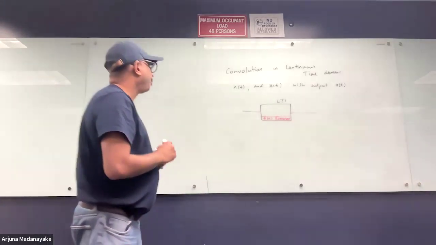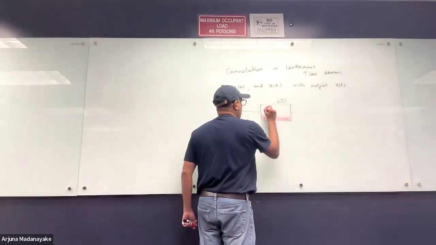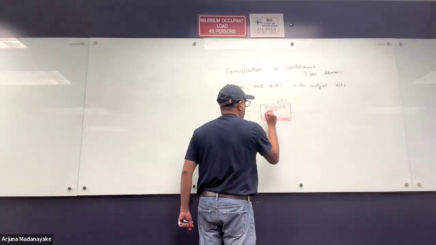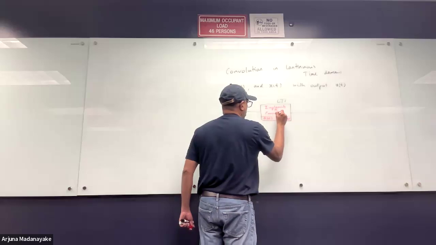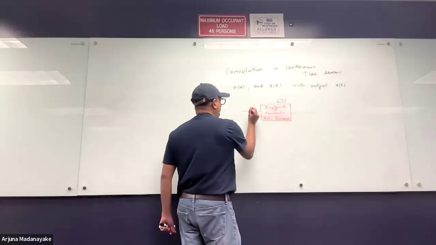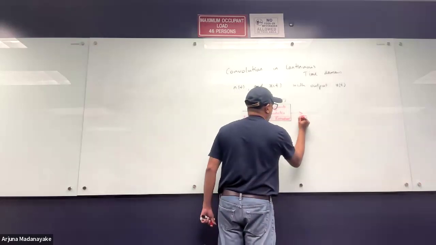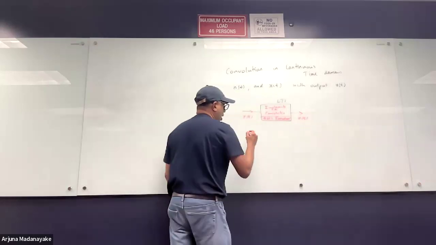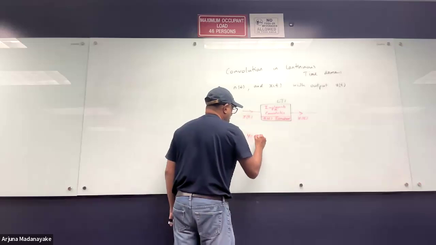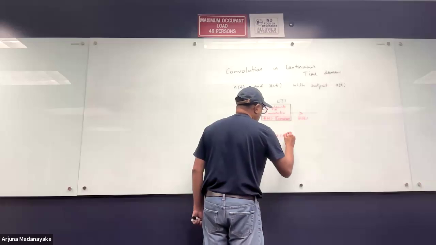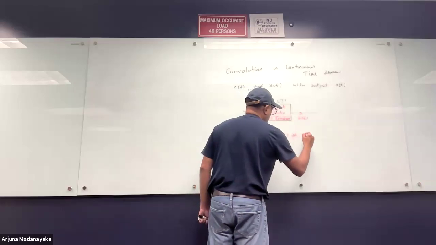It implements a convolution. So we can write the input x of t and the output y of t, where the output y of t is defined as the convolution between h of t and x of t.